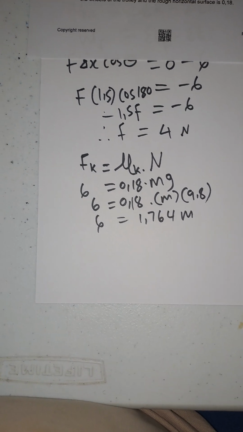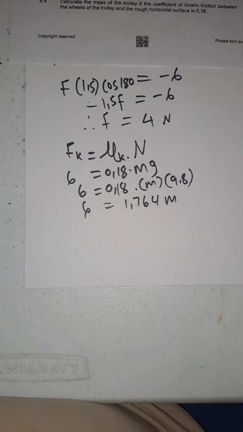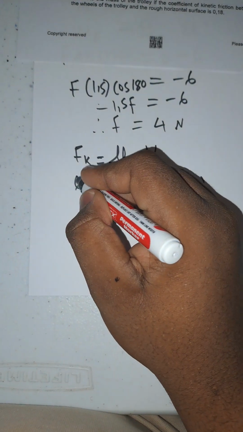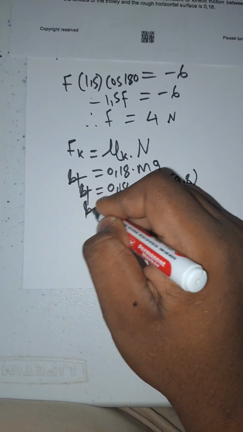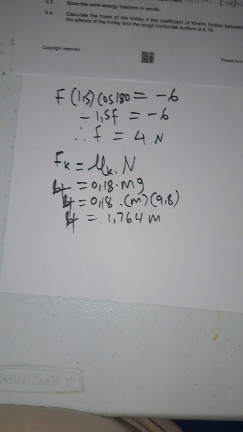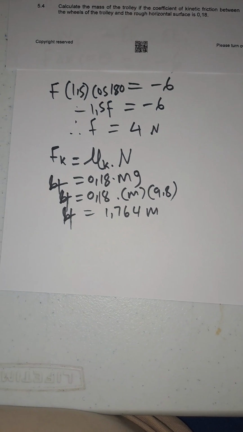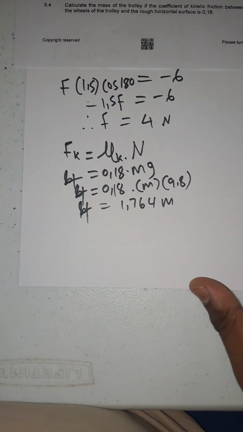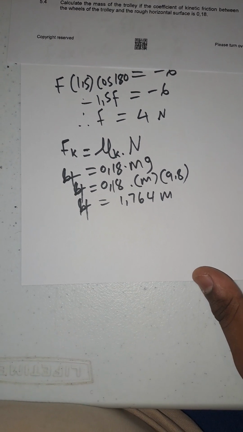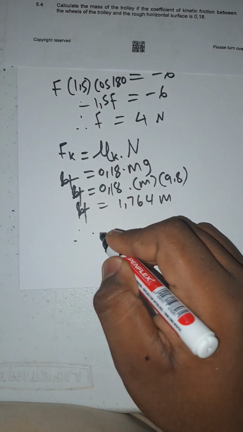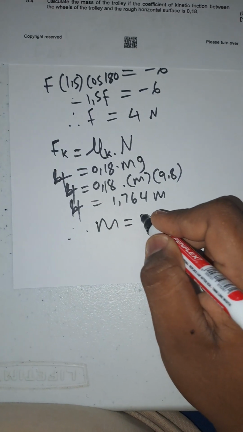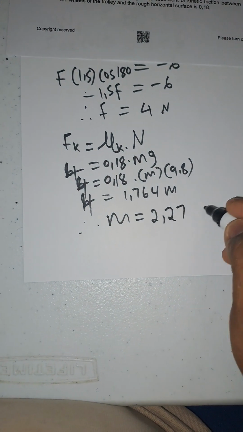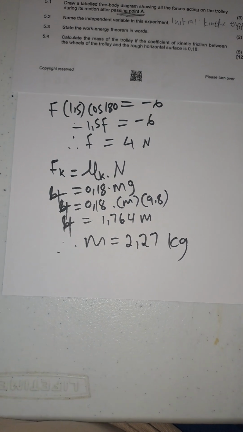Oh guys, I made a mistake. This was supposed to be 4. Right, so let's divide 4 by 1,764. Then we simply get our answer, which is 2,27. So therefore m is equal to 2,27 kg.